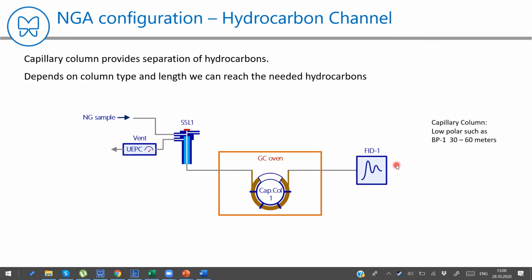Depending on the needed application, we can use different lengths of columns. For example, if we need up to tetradecane, I mean C14, we need a long column, 60 meters. If we don't need so high a hydrocarbon number, we can use a shorter column.